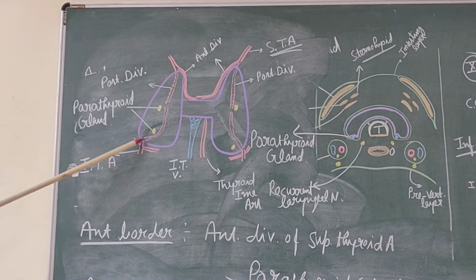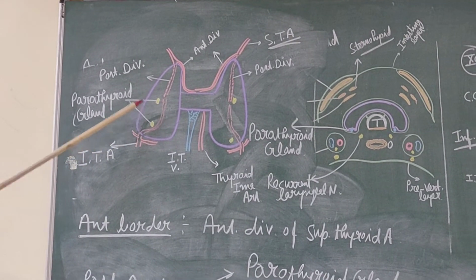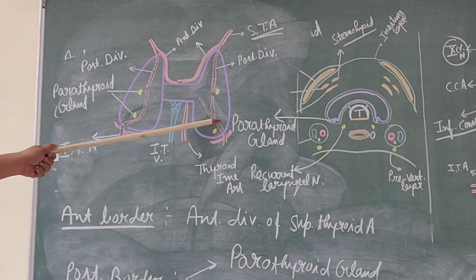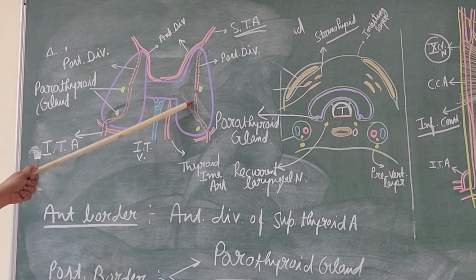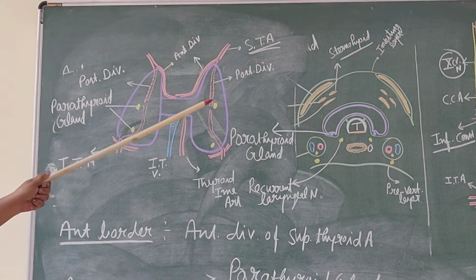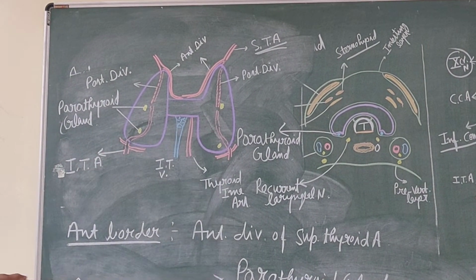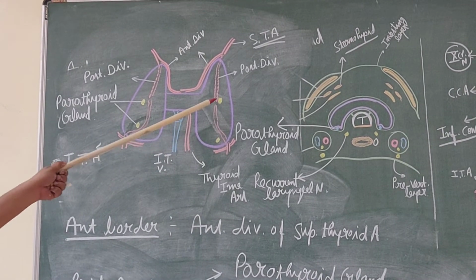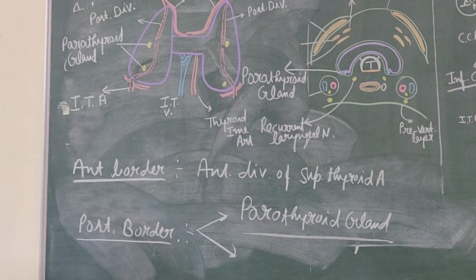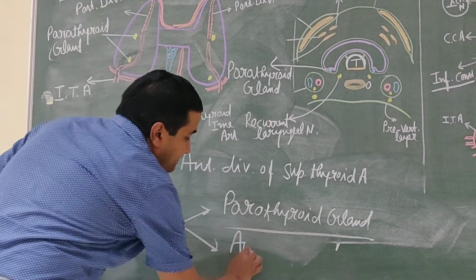Its ascending branch runs on the posterior border of the thyroid gland, and at the posterior border both branches, the branch of the superior thyroid artery and the branch of the inferior thyroid artery, anastomose with each other near the parathyroid gland.